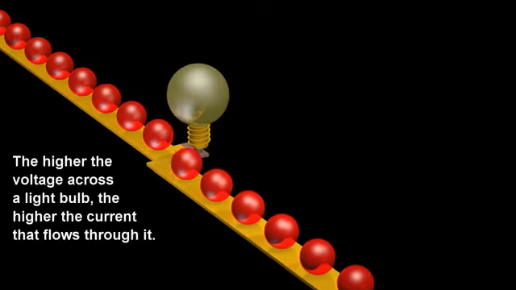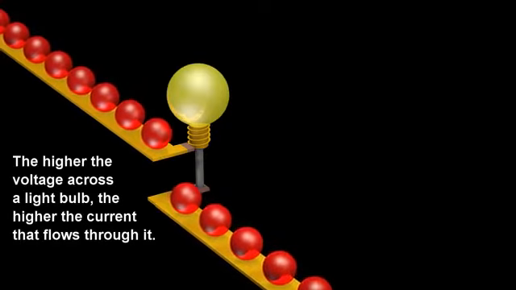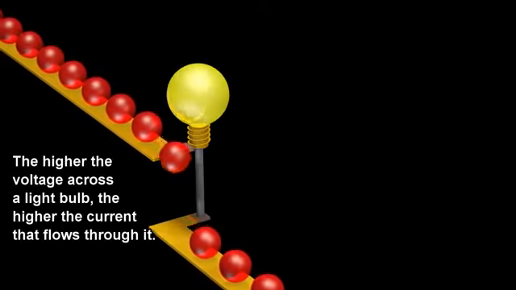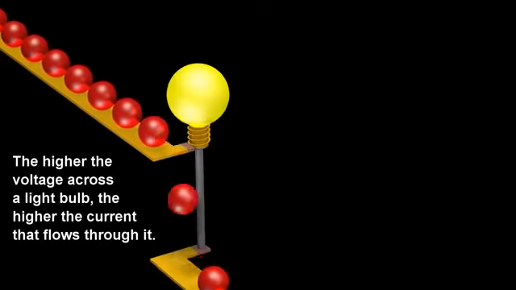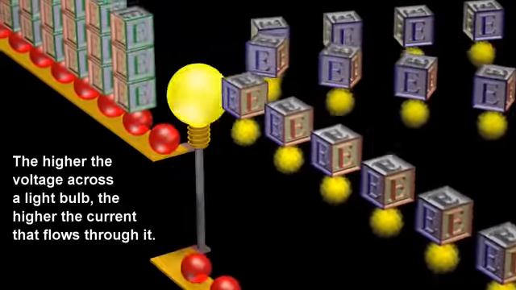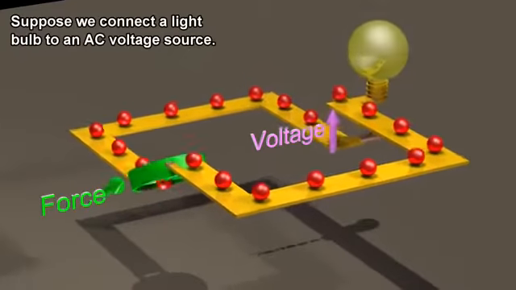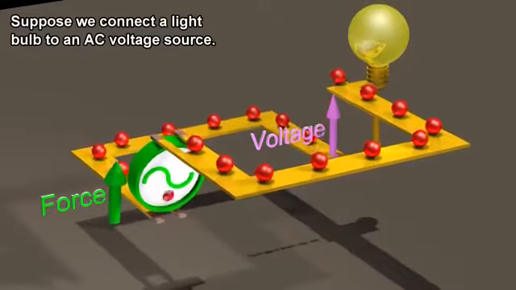The higher the voltage across a light bulb, the higher the current that flows through it. Suppose we connect a light bulb to an AC voltage source.